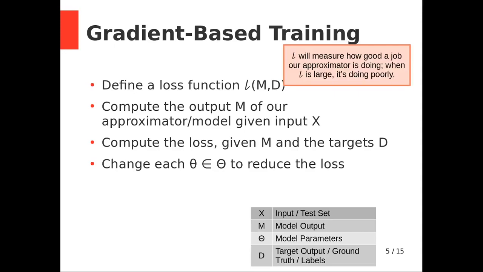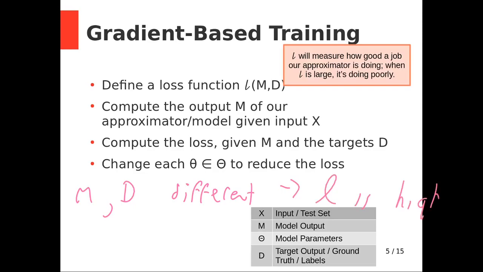So a good L will have the property that when M and D are very different, the loss is high. And then when M and D are similar, the loss is small, right? So this has to be true if L is going to define a gradient that we want to descend, right?